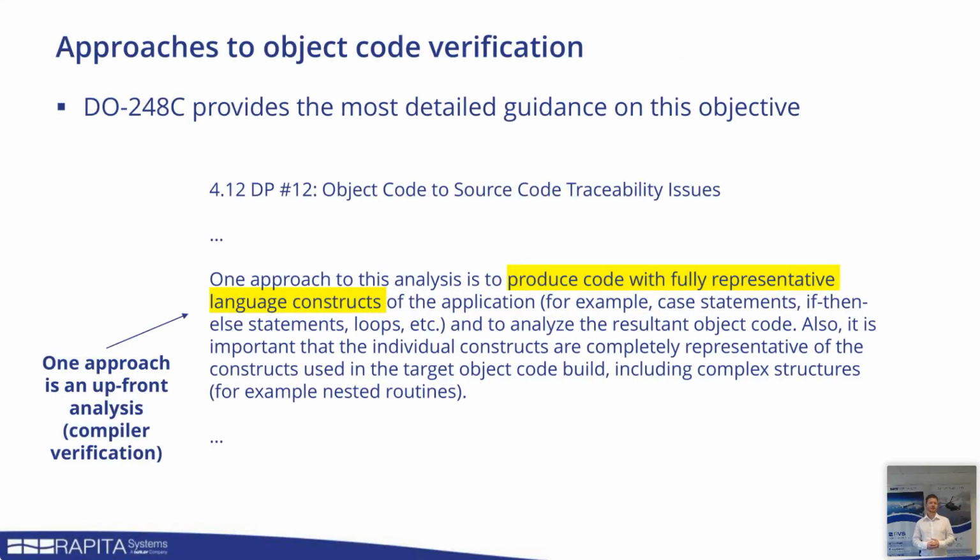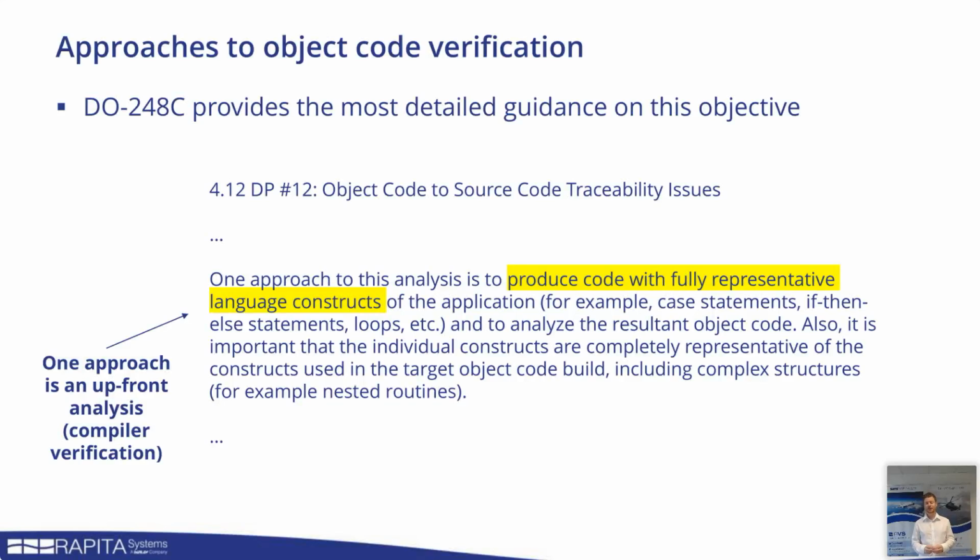Once we have that, one of the approaches is to do what we've termed compiler verification. In simple terms, we just take pieces of source code, compile them, and analyze them and see what the compiler does. So if you were to go through all of the constructs that you plan to permit in your coding standard, compile them one at a time, and examine the object code by hand, and you notice that there is object code that doesn't trace, then you can go back to the coding standard and make modifications.